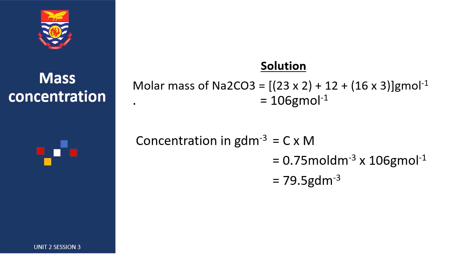The question you need to ask yourself is, how do I manipulate this amount concentration and molar mass such that my unit is going to be grams per cubic decimeter? When you try to find the answer to this question, you arrive at the answer. You know that because the mole is positive and the decimeter cubed is negative, and on the other hand, the gram is positive and the mole is negative.